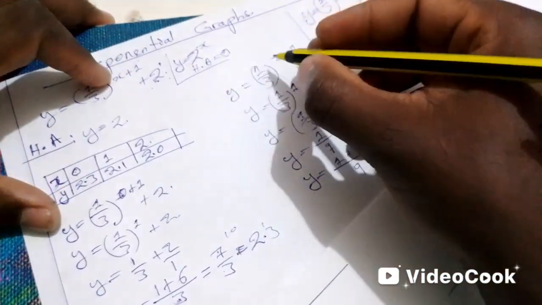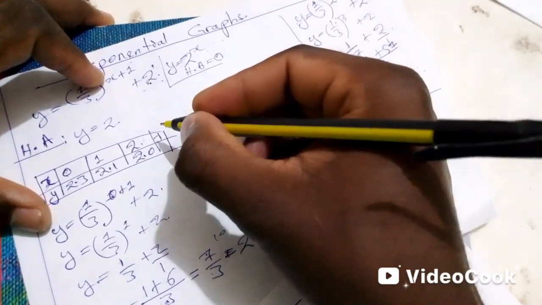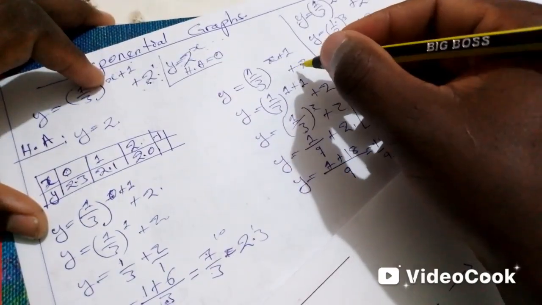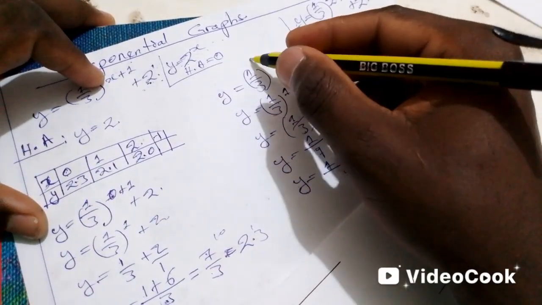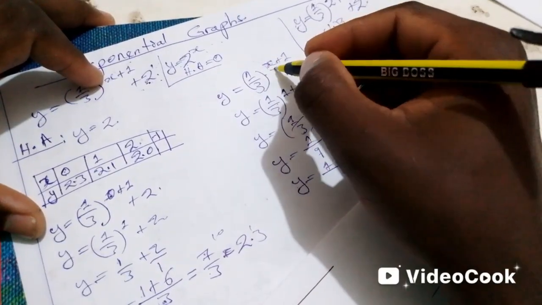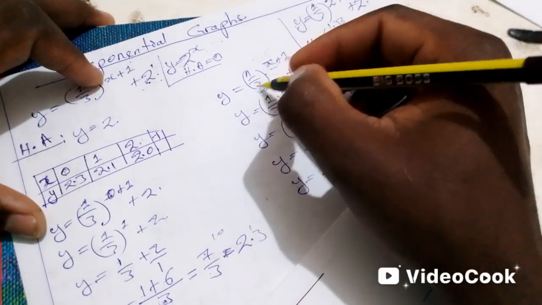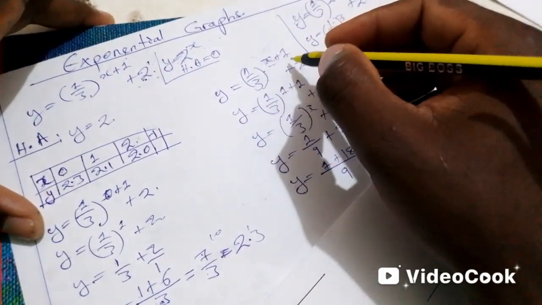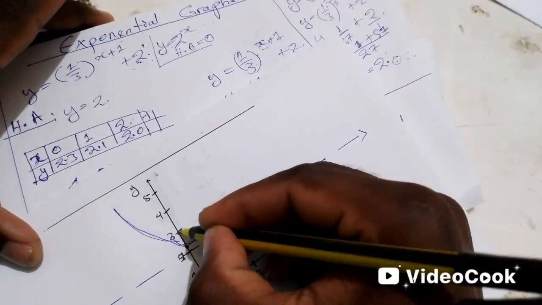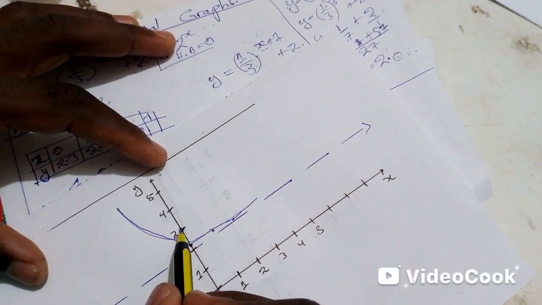The exponent would have been 0, meaning this power, everything here, is going to be 1. So 1 plus 2, which is 3. So 3 is somewhere here. That is showing us that our graph is at 3 at x equals -1.